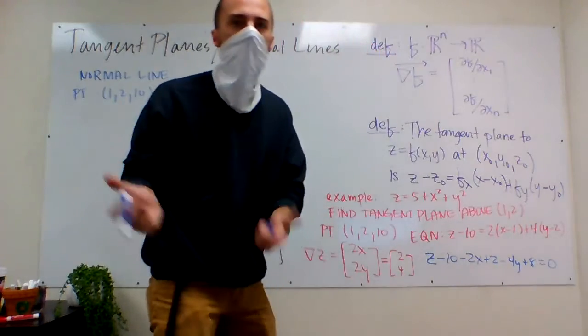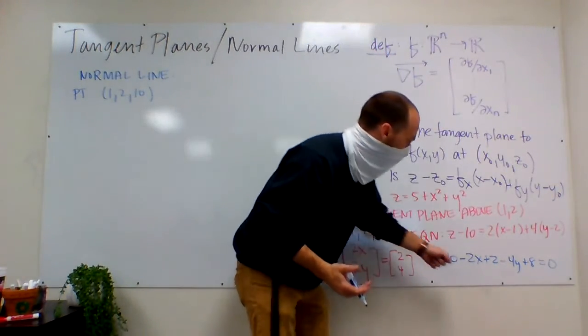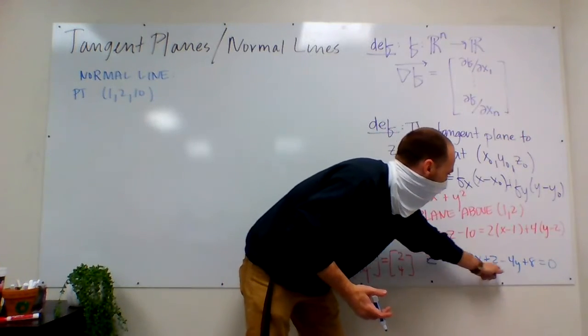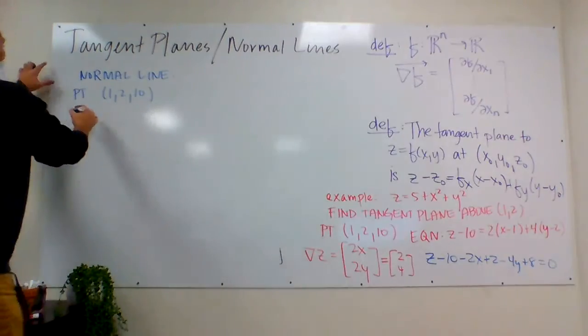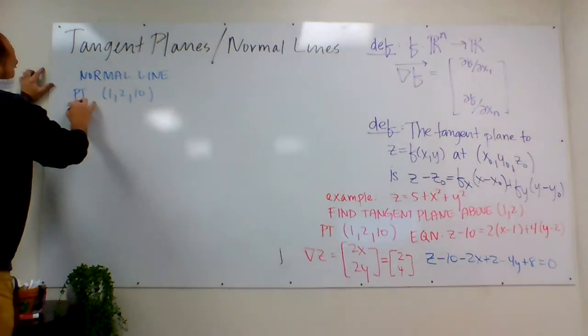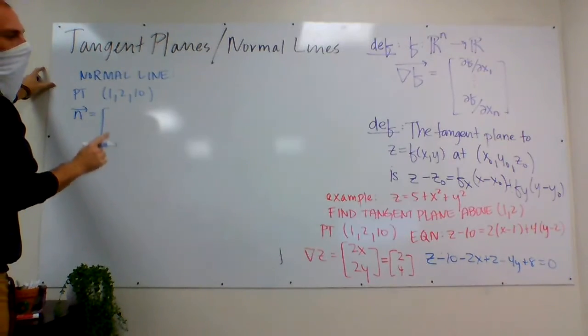I don't really care about the numbers because that's just saying where the plane is. I'm concerned more with the trajectory. I've got negative 2x, negative 4y, and positive 1z. So my normal vector is negative 2, negative 4, 1.